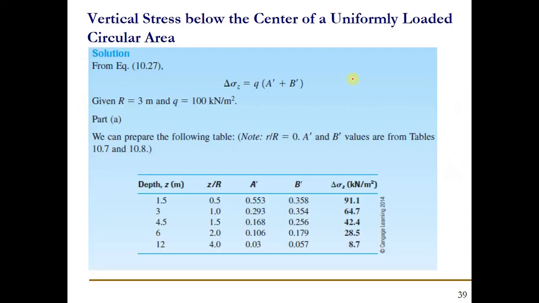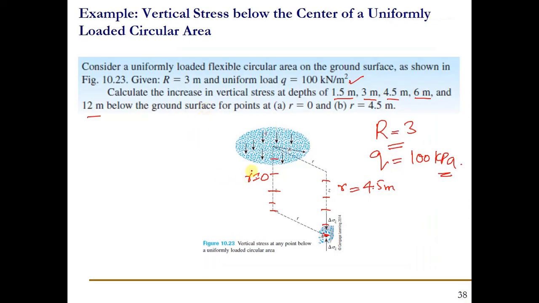So we can construct a table for depths of 1.5 meter, 3 meter, 4.5 meter, 6 meter and 12 meter, and we will find out the z by R. For example, for the A prime, z by R is 0.5, but as we know r by R, or r is equal to 0, that was the case, the first case here is that r is equal to 0, and we are finding the delta sigma beneath the center of that circular load.